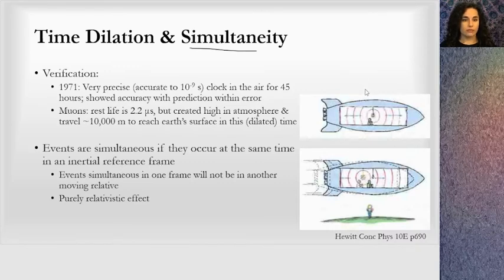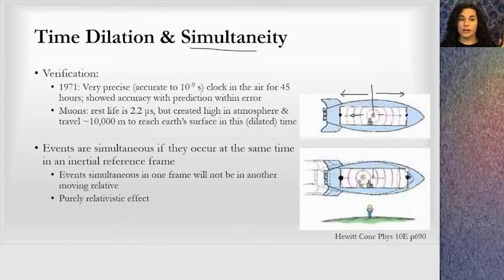So let's say we have this ship, and the person inside the ship turns the light on and off, and the light leaves and hits the back end and the front end of the ship. If it's emitted in the middle, it should take just as much time to go to one end as the other, and that's what the person inside the ship sees. However, the person outside the ship, because the ship is moving by, will see it take a shorter time to get to the back and a longer time to get to the front.